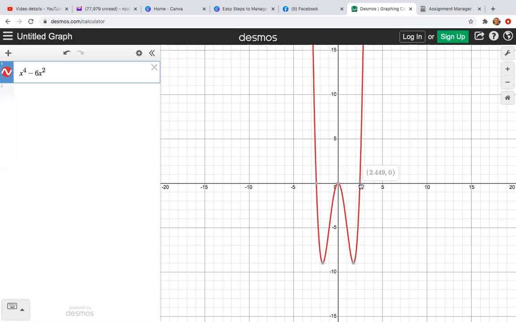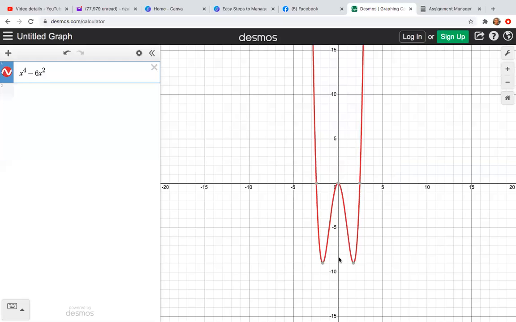Even though they're not exact values, it's giving me a very accurate figure of what the x-intercept is. So one of them is 2.449, and then the other one right here is at -2.449. By the way, this also is telling us that this graph is symmetric with respect to the y-axis.